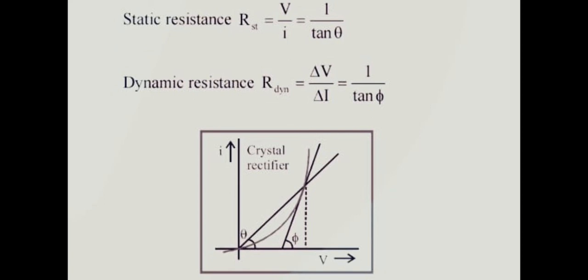The standard unit for voltage is volts, for current is amps, and for resistance it is ohms, symbolized by the letter R.